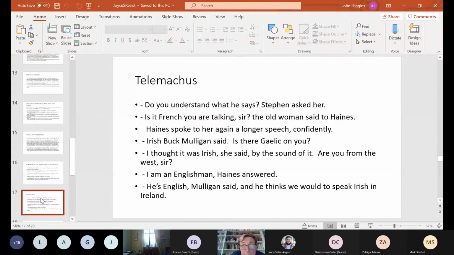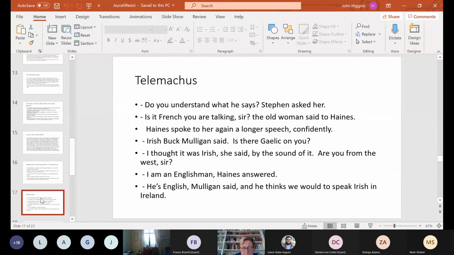As she's selling them the milk, there's the irony and the paradox and the funniness of Haynes, who's there, as I said before, as a kind of student of Irish ways and folklores. Haynes addresses the woman in Irish, in Gaelic, that is to say. "Do you understand what he says?" Stephen asked her, the old woman, the milkwoman.